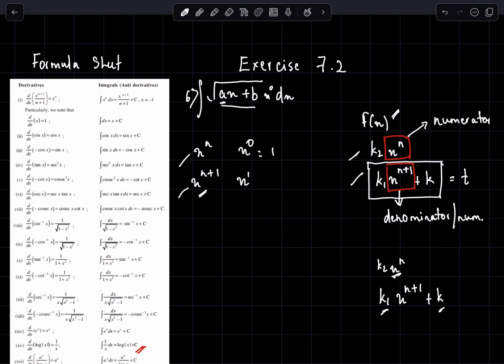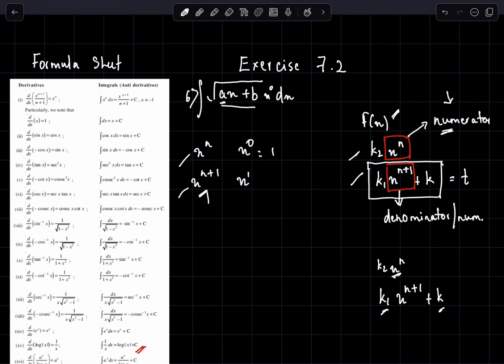And again, does it fulfill the condition? Is this in the numerator or denominator? It's in the numerator. It fits the condition. It can be in either the denominator or the numerator. And what about x to the power 0? It should always be in the numerator as per our condition. Remember that. And is it in the numerator? Yep, it is.